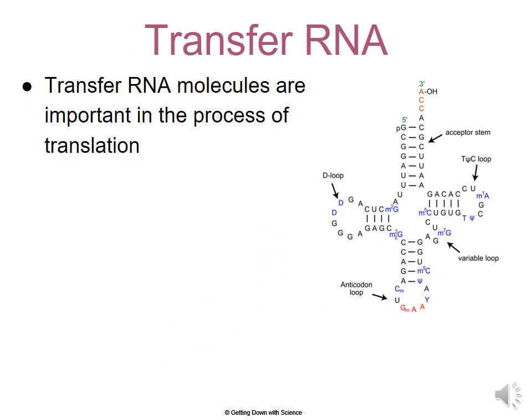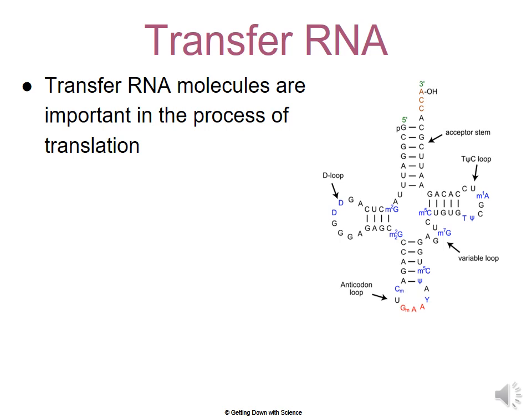Transfer RNA is all about transferring, translating from one to another. So these are what makes the process of translation possible. We have a RNA section, that's our anticodon loop down at the bottom, and we have the end that actually connects to the amino acids.